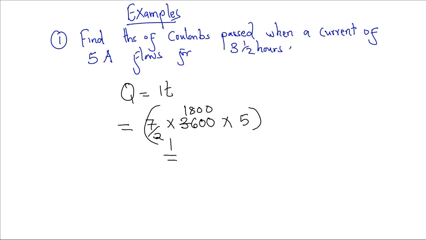So we have 35 times 1800, that gives 63,000 coulombs. That is the quantity of electricity.